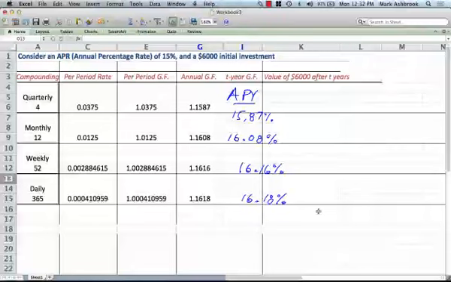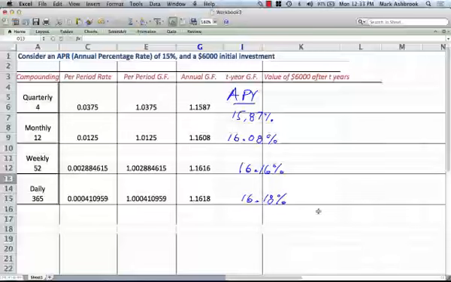Theoretically, what's the best that we could do in terms of how often we compound? Could we go per second? Yeah, per second. Can we do better than that? Millisecond. What's the idea of it?